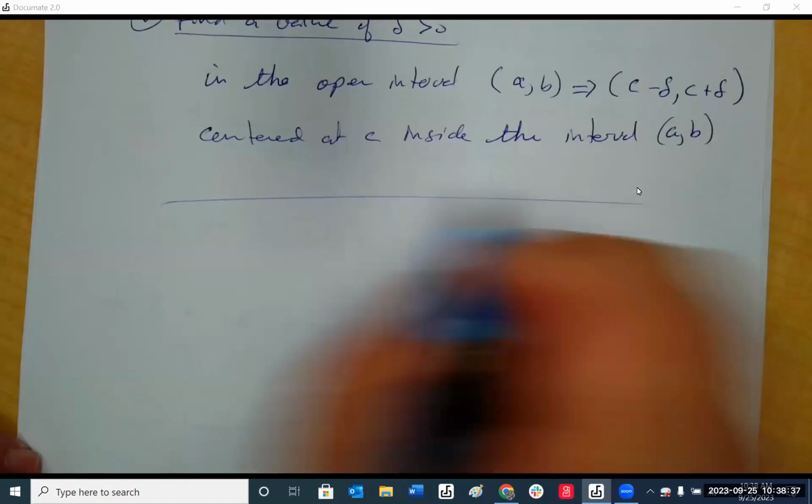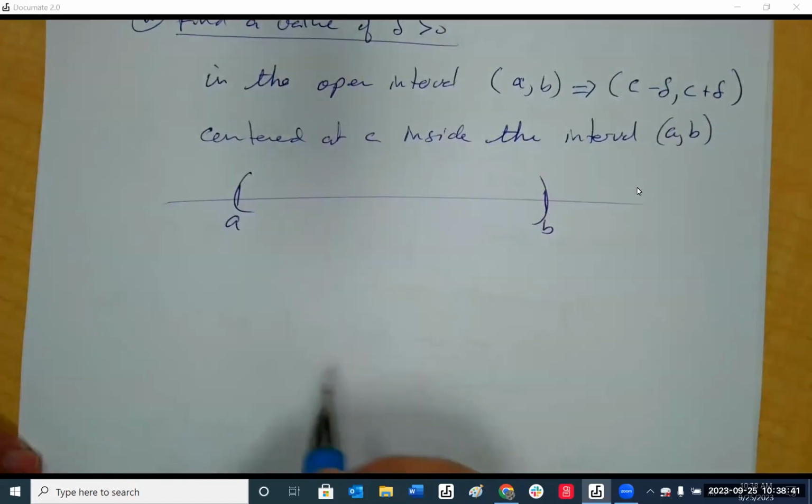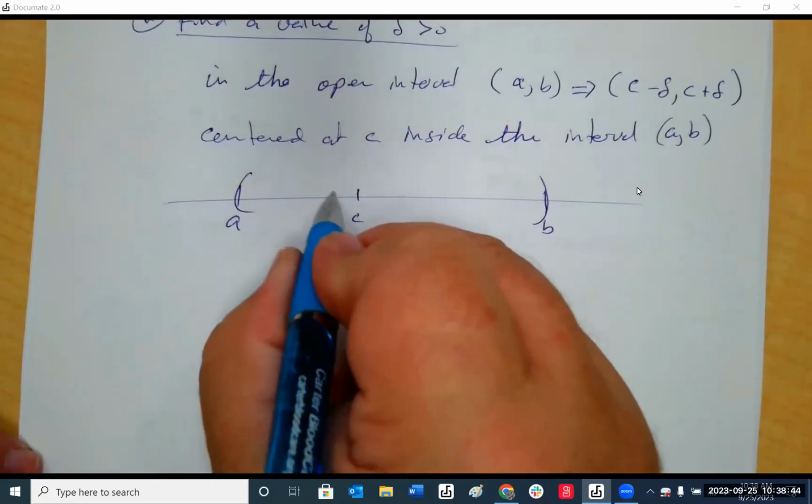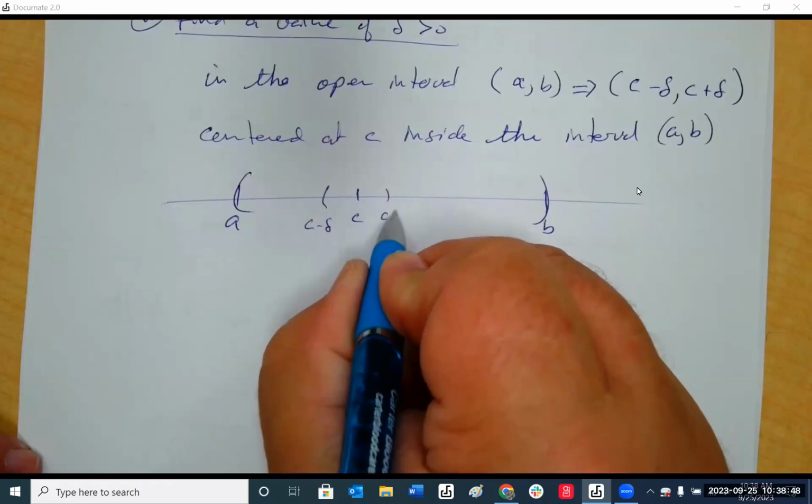So here we have a, here we have b. It's an open interval. So we have the value c. This is c minus delta and c plus delta.